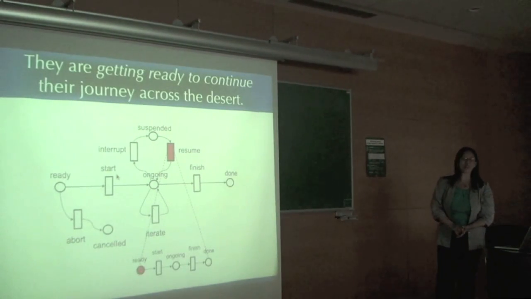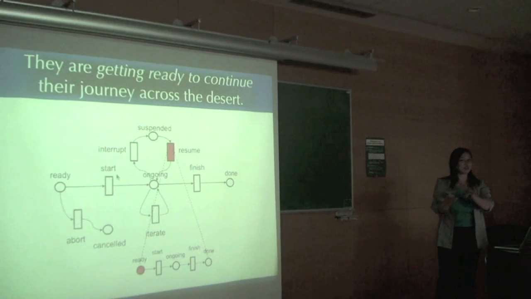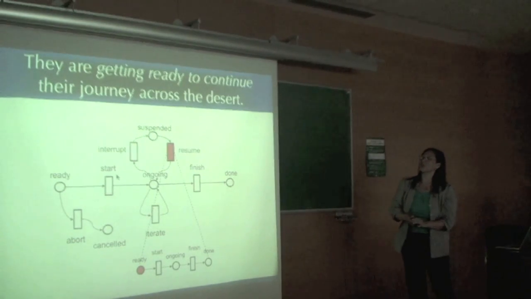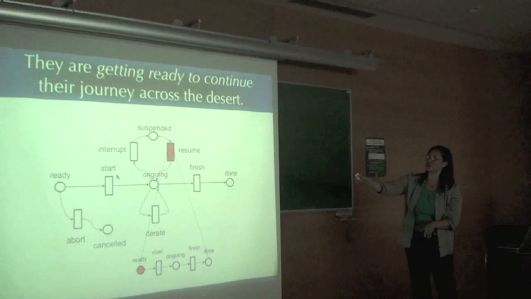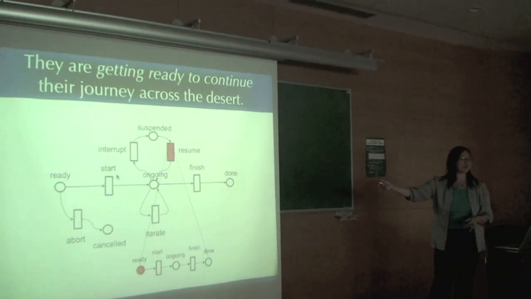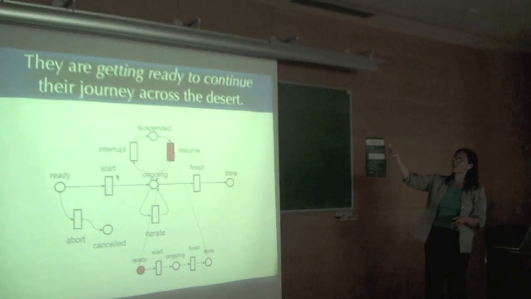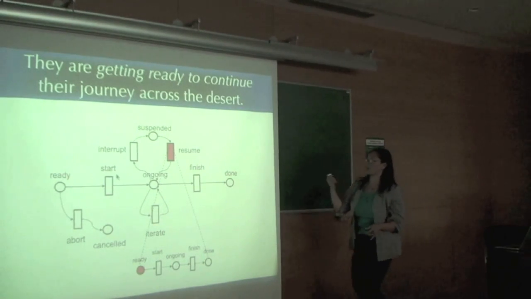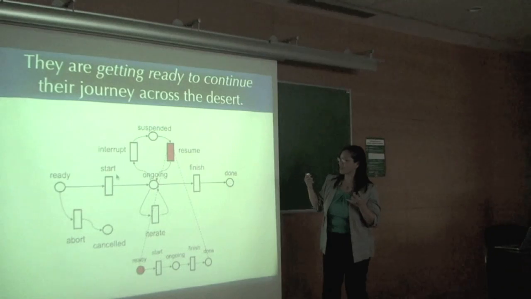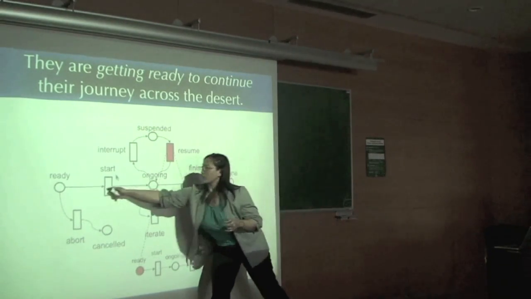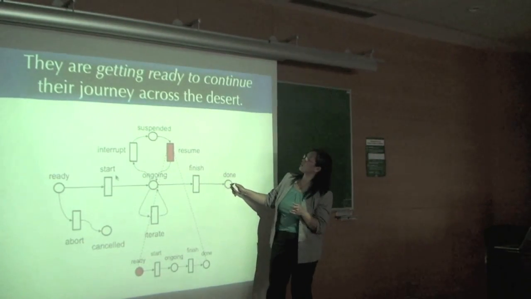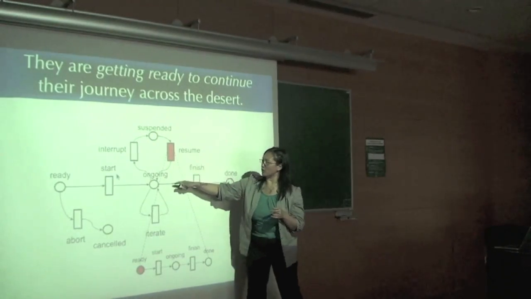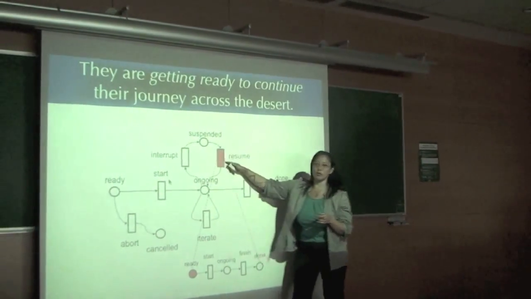Okay, and so then you can start imagining that you can put these together into more complex events, right? So I should have had you guess a sentence that would correspond to this, but here, let's say, they are getting ready to continue their journey across the desert. Okay, so they are getting ready, and there's a journey across the desert that's going on here, and continue means that they had been interrupted and they want to resume it, okay?